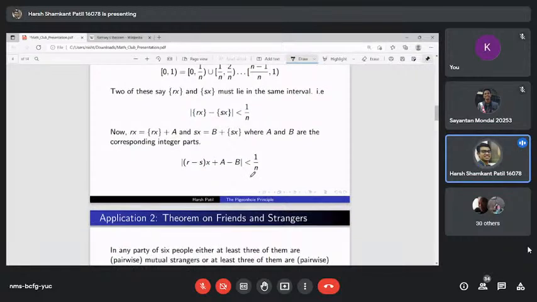Now let us use the fact that a number is the sum of its fractional part plus its integer part. Here a is the integer part of r times x, and similarly b is the integer part of s times x. So just input these two things, and what you get is this. Now we are almost done.